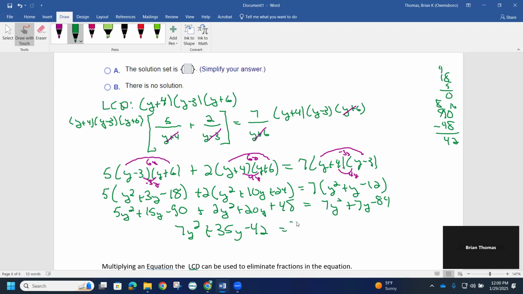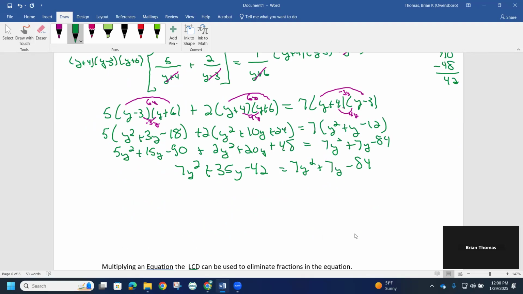Over here, we have 7y squared plus 7y minus 84. Looks like I still need some room. Notice how we have a 7y squared here and a 7y squared on this side. So I can bring those together by subtracting a 7y squared here and subtracting a 7y squared here.